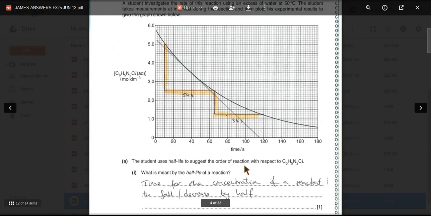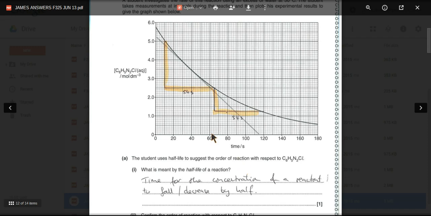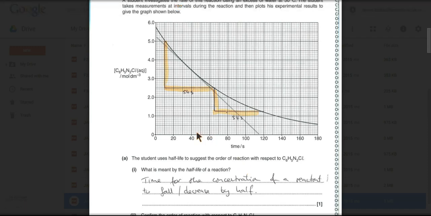So 40 seconds, what have we got to do? We've got to calculate the gradient at 40 seconds. So I've drawn a tangent, you can see that there. And to work out the gradient of that tangent, which is effectively the rate at that time, it's the change in y divided by the change in x.